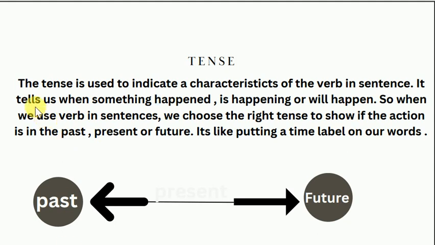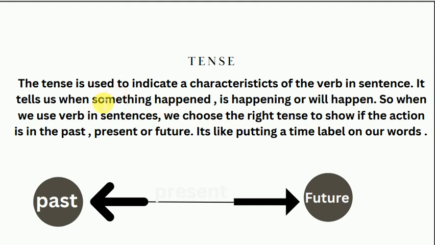You can see in the first line, basically the tense is used to indicate a characteristic of the verb. We use tense in the sentence to indicate a characteristic of the verb. And also, it tells us when something happened, or is happening, or will happen.